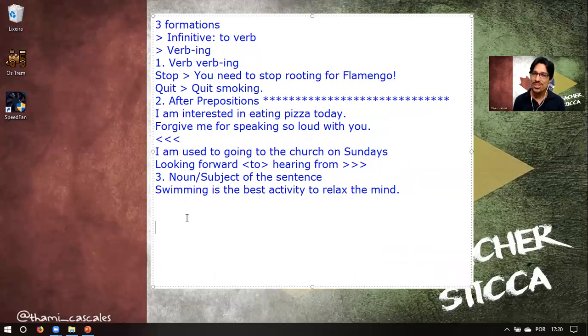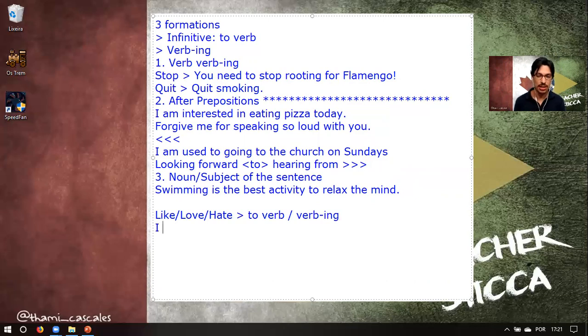And there are some verbs like love, hate. For now, I think these three are good for you to remember. These three you can use with to verb or verb ing, and this is pretty common in English. You have some verbs that you can use with both, with no real difference of meaning.